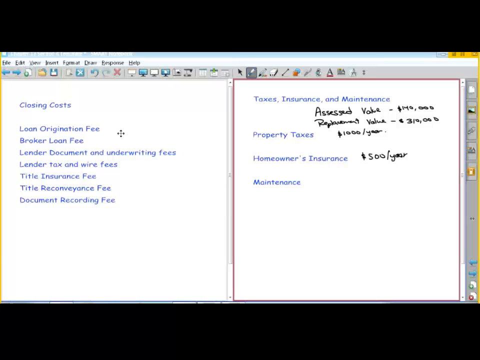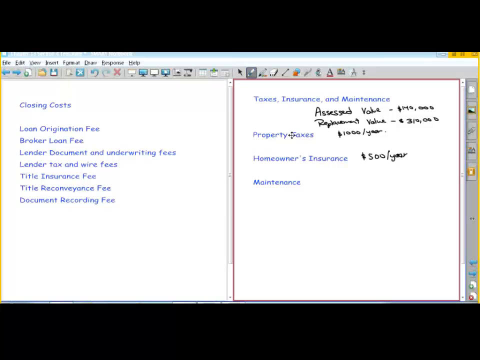Now, once you have the house, you have the payment on the loan, but there are other things that you have to take into consideration. As a renter, you don't have to do a lot of this stuff. So you've got taxes, insurance, and maintenance. The taxes, mostly we're talking about property taxes, and that can vary considerably depending upon where you live.